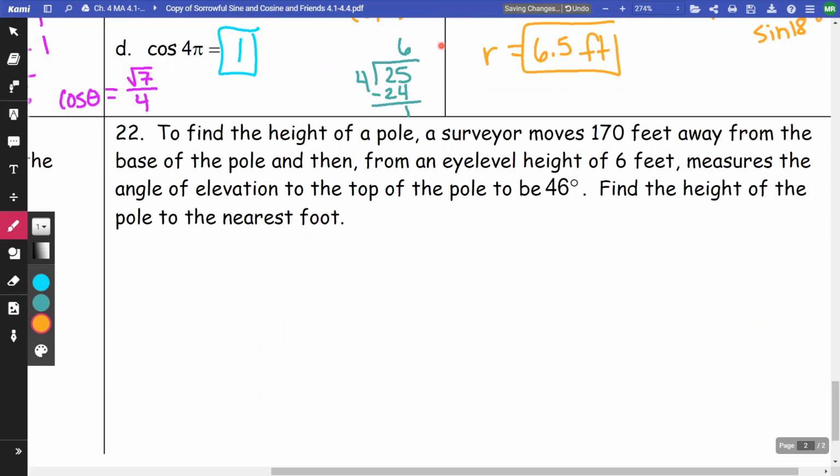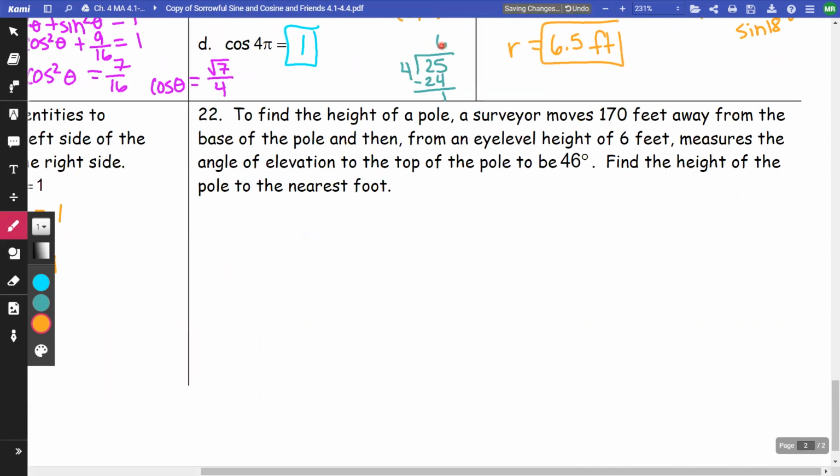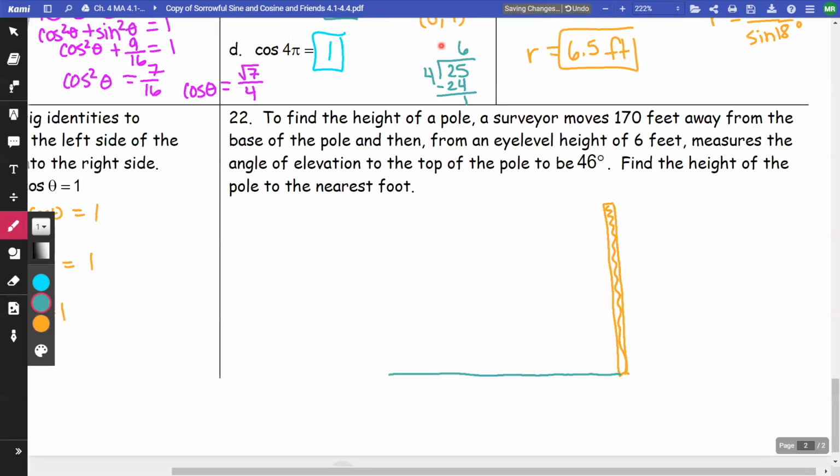On 22, want to find the height of a pole that a surveyor moves away from. The pole is 170, so this is going to be our pole. And the pole is 170 feet away from, the surveyor is going to be 170 feet away. And when they look at it from eye level, so let me do it this way. Let me redraw this. So let's think of this as just the ground here. Okay.